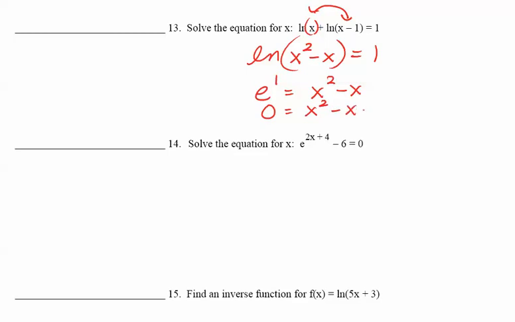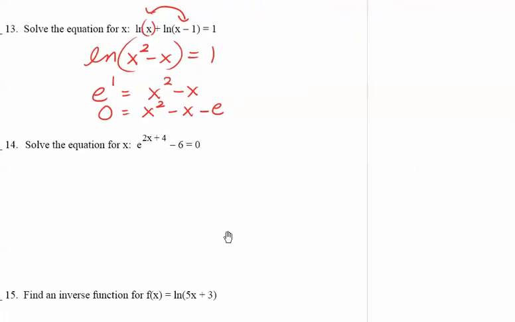So now remember that e is a constant. If I could factor it, that would be my choice. I don't know how to factor it, so I would go to quadratic formula. So let's see what we would come up with for our 2 solutions. So remember a, b, c here.